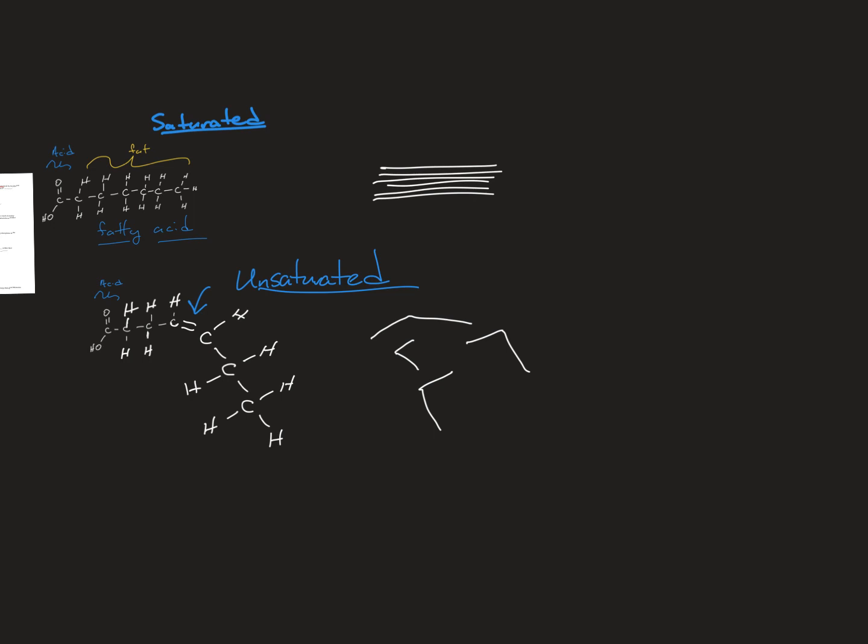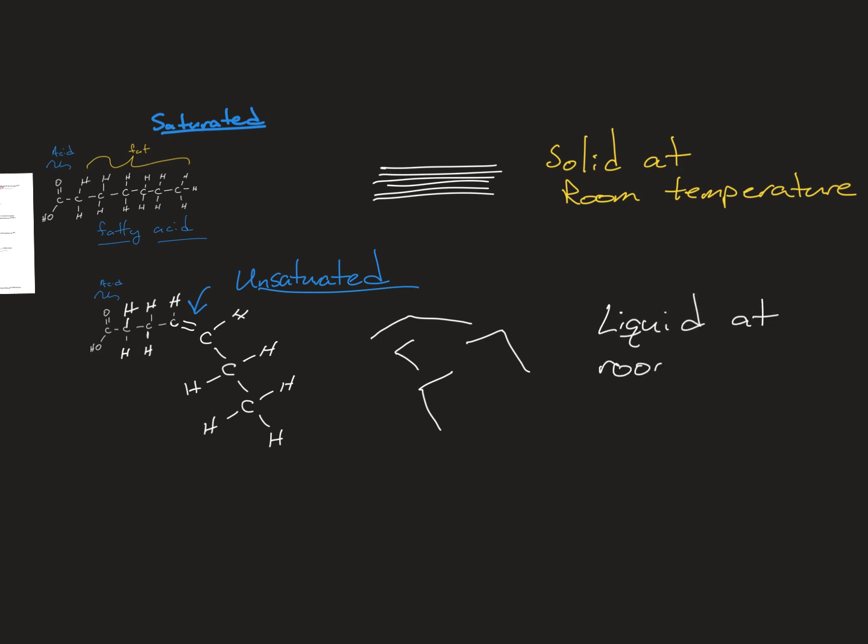So saturated fatty acids are solid at room temperature, whereas unsaturated fatty acids are liquid at room temperature. There's just a simple cause: this is bent.